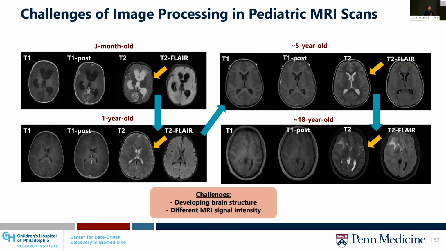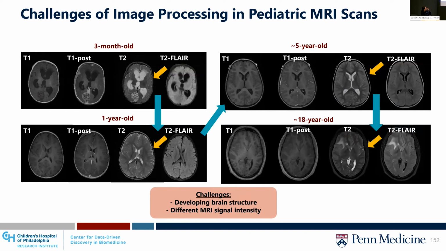One of the problems that we have when we are applying the models that are developed on adult brain tumors to pediatric cases is that the pediatric brain is actually developing. So across different age groups, for example, as you can see from this figure, from a 3-month-old to 1-year-old to 5-year and 18-year-old, the brain structure is changing constantly.